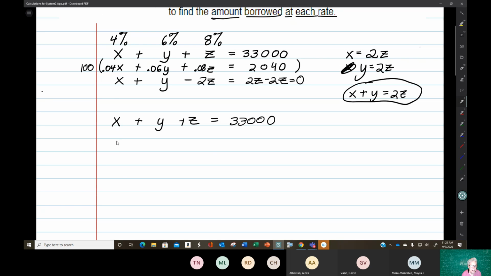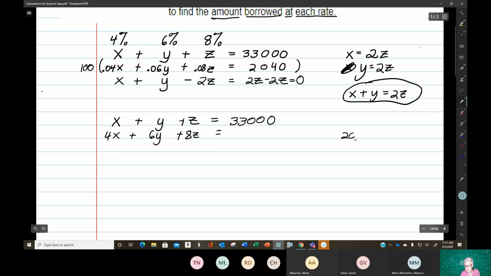Okay, now, if I multiply this term by 100, I'll get 4x. And if I multiply this term by 100, I'll get 6y. And if I multiply 100 by this term, I will get 8z. And that's going to equal, are you ready?